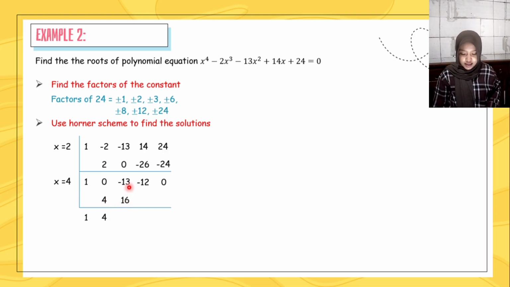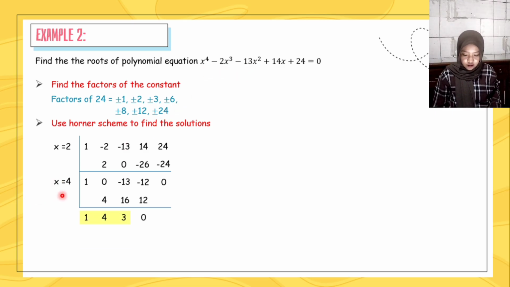Sum of minus 13 and 16 is 3. 3 times 4 is equal to 12. And then minus 12 and 12 is equal to 0. Then the result here is 0. So x equal 4 is a solution of the given polynomial equation.